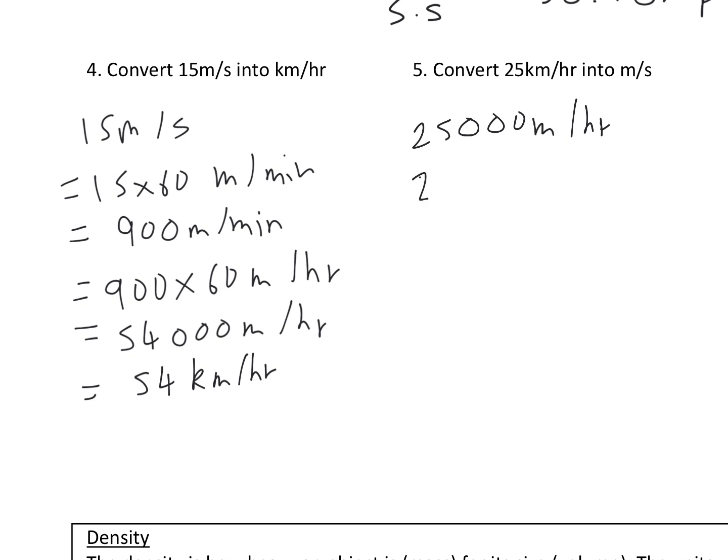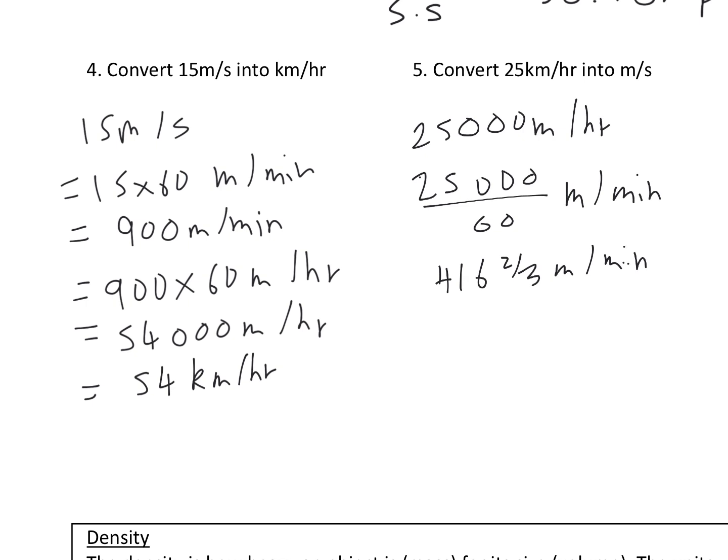If it's doing that in 1 hour, I have to divide that by 60 to get how many meters it would do in a minute. Doesn't work out that nice. I'll just write it as 416 2/3 meters per minute.